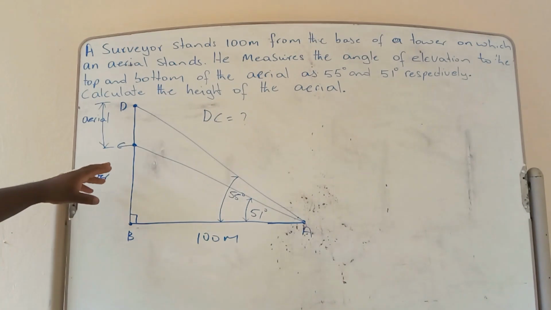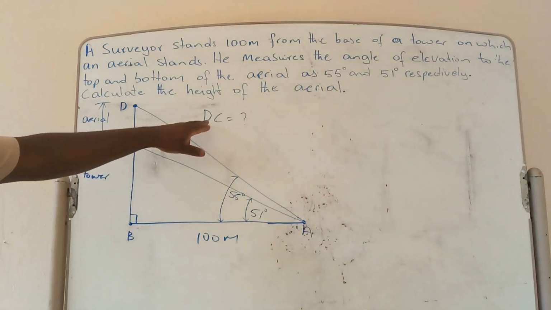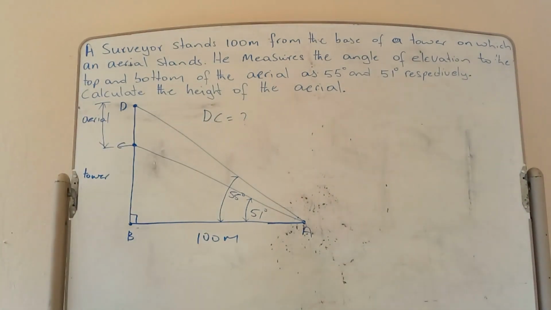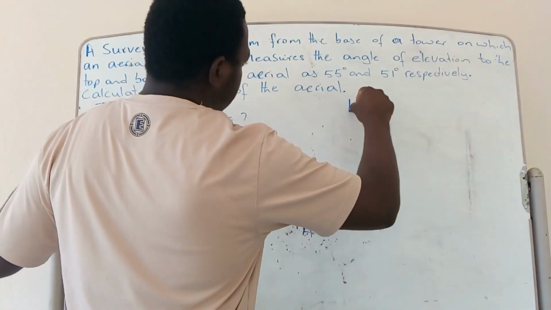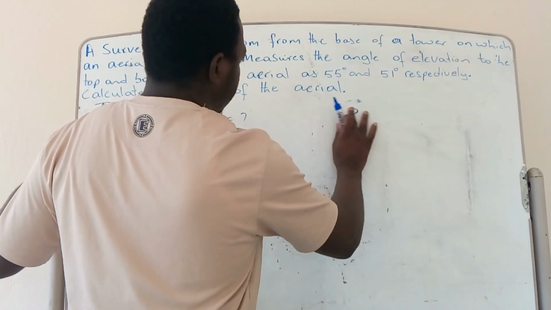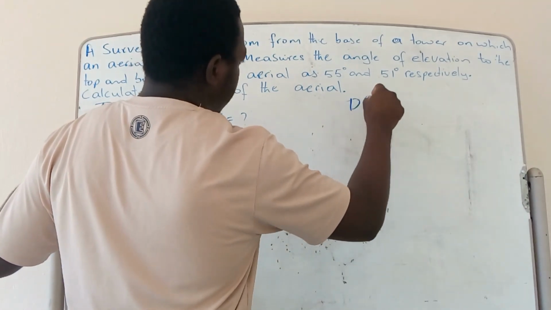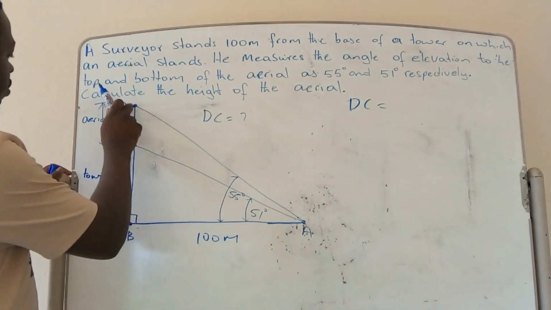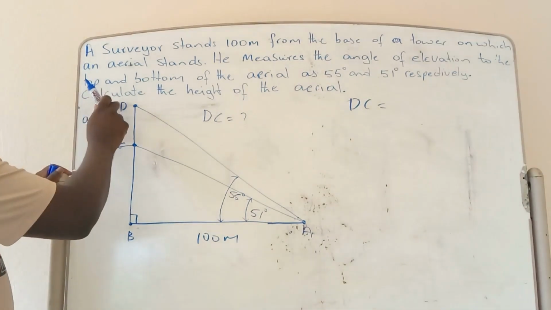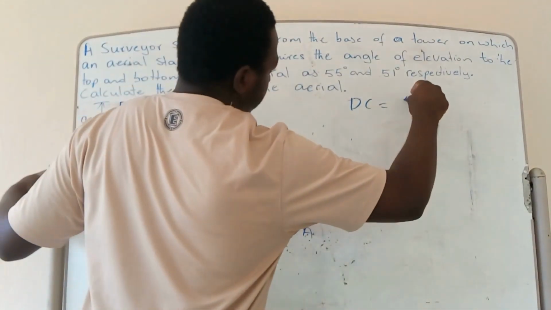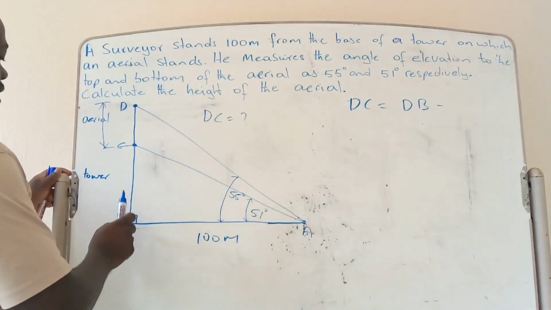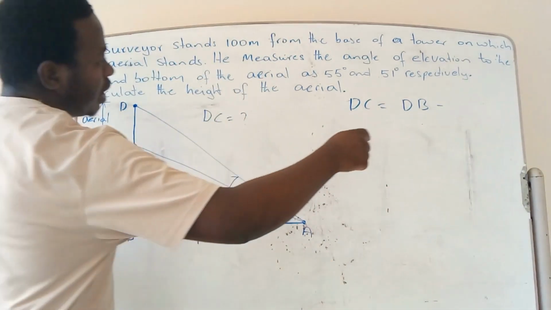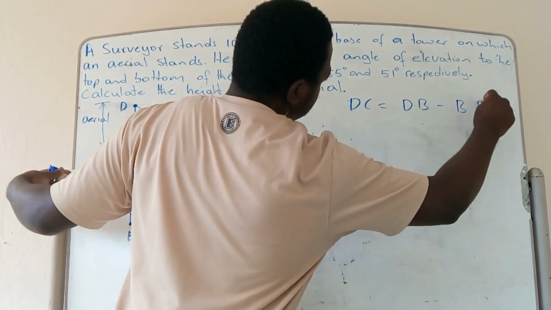So how would you go about finding BC? It is clear that we could say that DC is equal to DB minus BC.